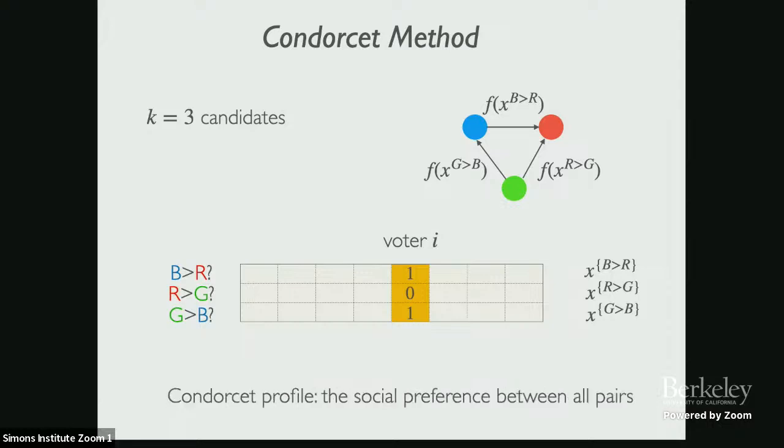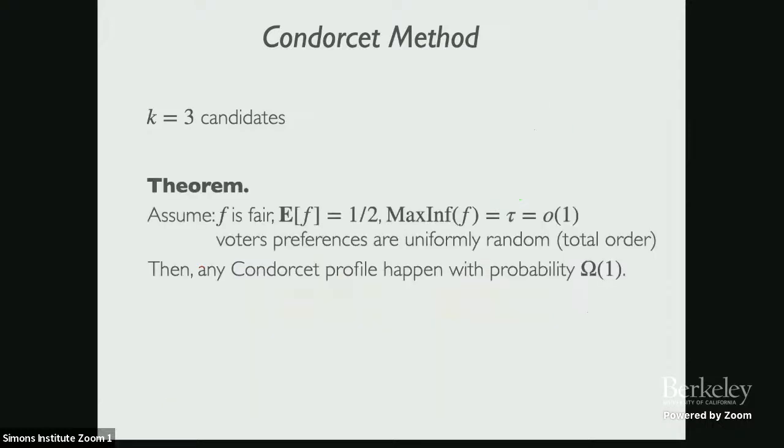Okay, so let's call this outcome a Condorcet profile. Let's say we have a function that's fair in the sense that it's balanced, so the 2 candidates have equal chance to win. Also this function has small max influences.